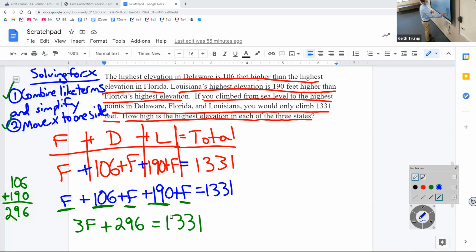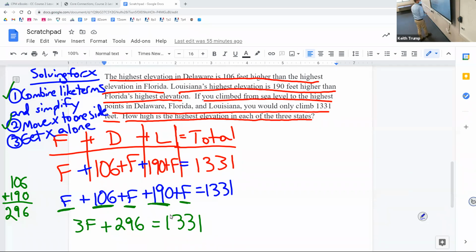The next step is to get x alone. Now, is F alone over here? It is not alone. In fact, we need to get rid of two things. We need to get rid of the 296 and we need to get rid of the 3. I'm going to rewrite this over here.